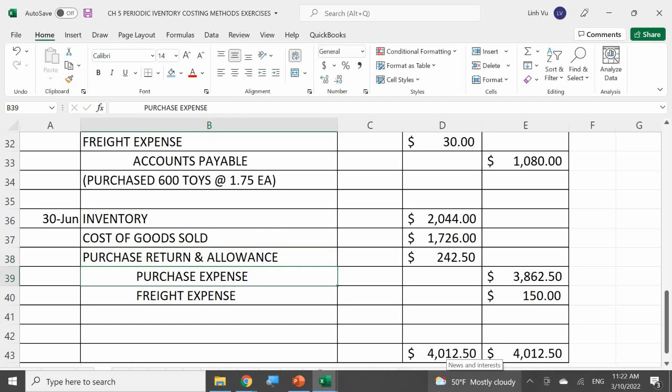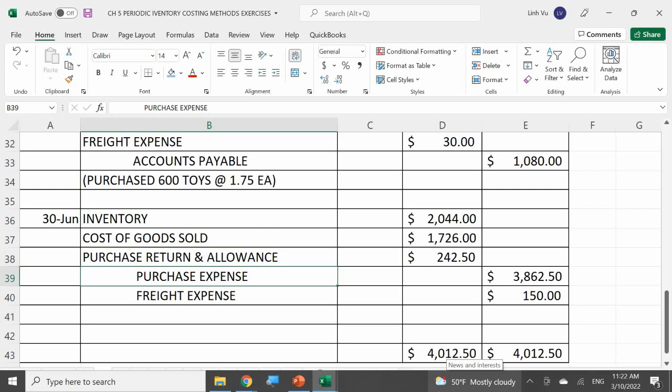Okay? Remember, we talked about this, right? Your purchase expense and your freight expense is your overall inventory. That's where all your units are currently laying. Now, when we do our conversion entry, we got to say, well, I'm going to distribute this amount because this is how many I have on hand, which is my 1,250 units. But I also sold 1,900 units, and I also returned 220 units.